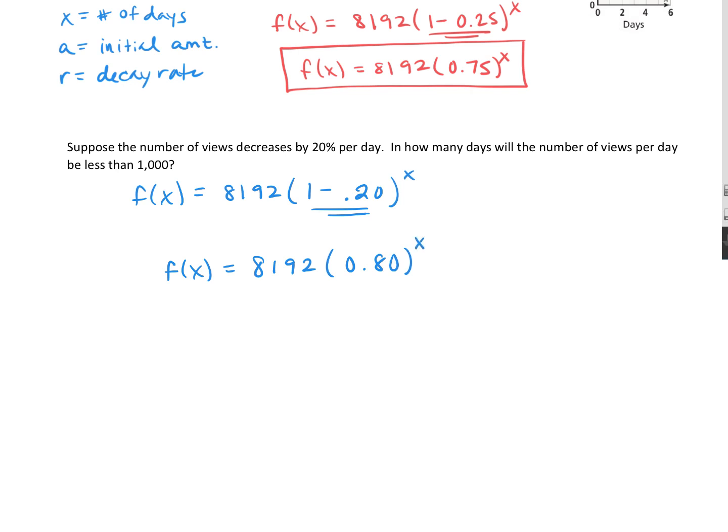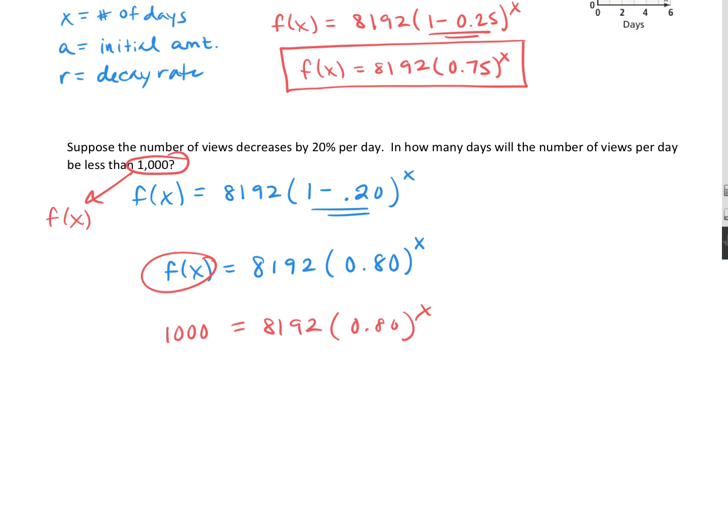Okay, I'm going to add something in because I forgot to do it in the last example. I was just busy with the graphing calculator. When they're asking when the number of views will be less than 1,000, that is our f of x value. That's this. So essentially, what we're doing is we're putting in a 1,000, and this is what we're asking. When is our decay model equal to 1,000?